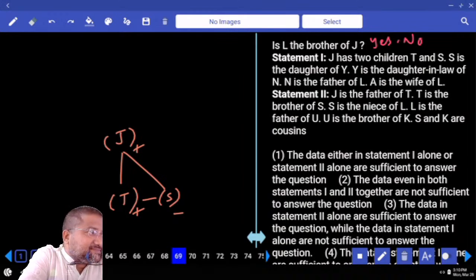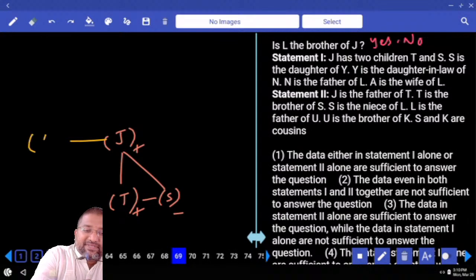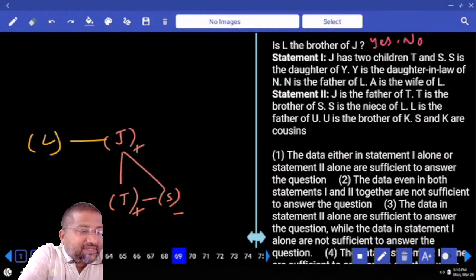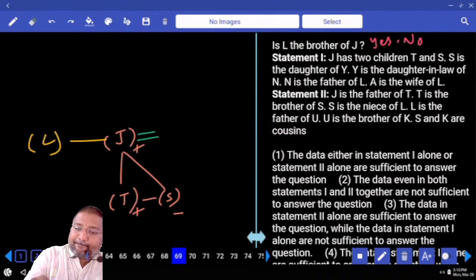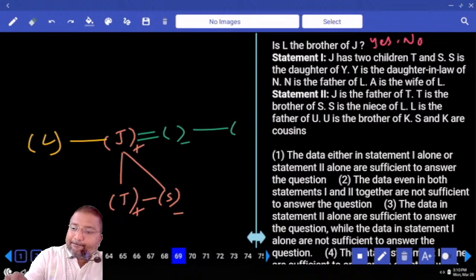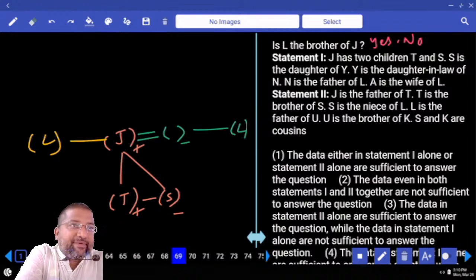Isn't it? The sibling of S's parent. Let me see this. Maybe this is L. S is the niece of L. What's the other possibility? Yes. How many possibilities?